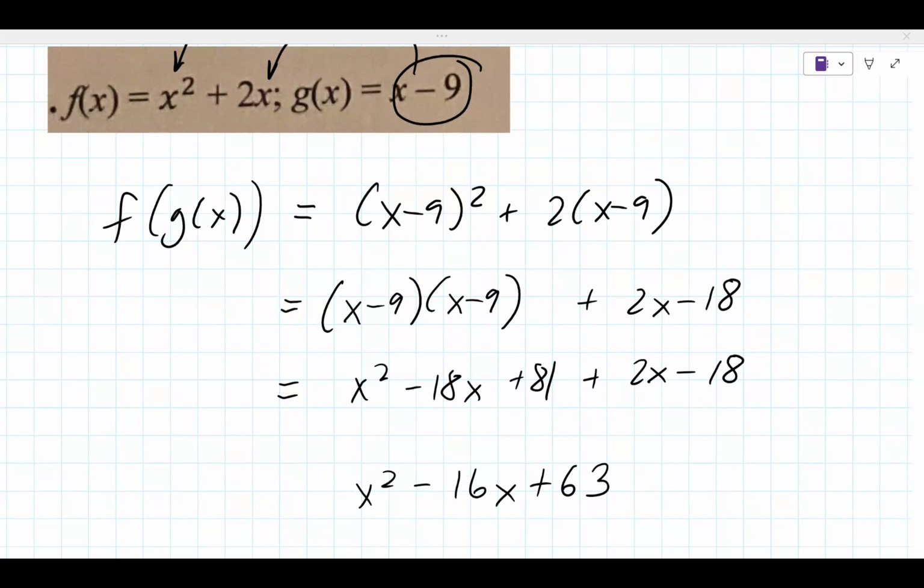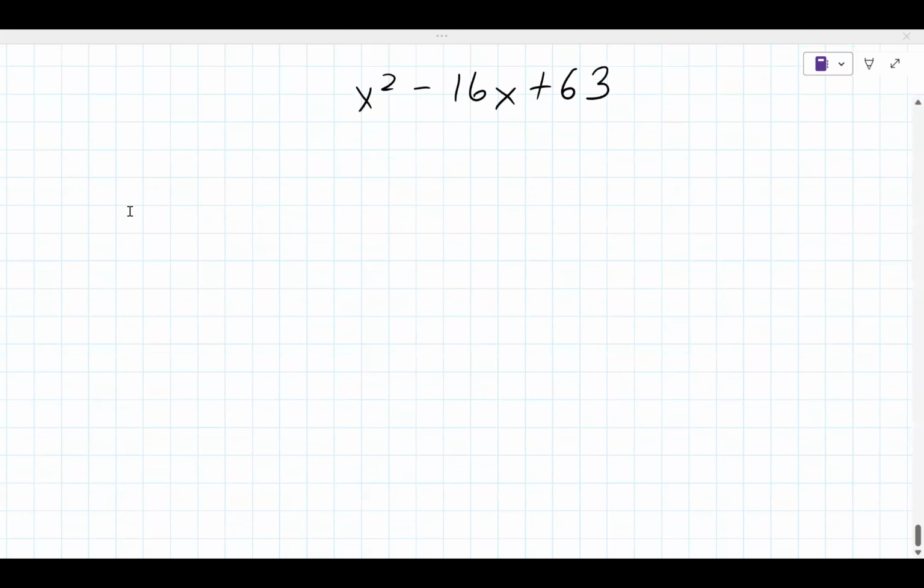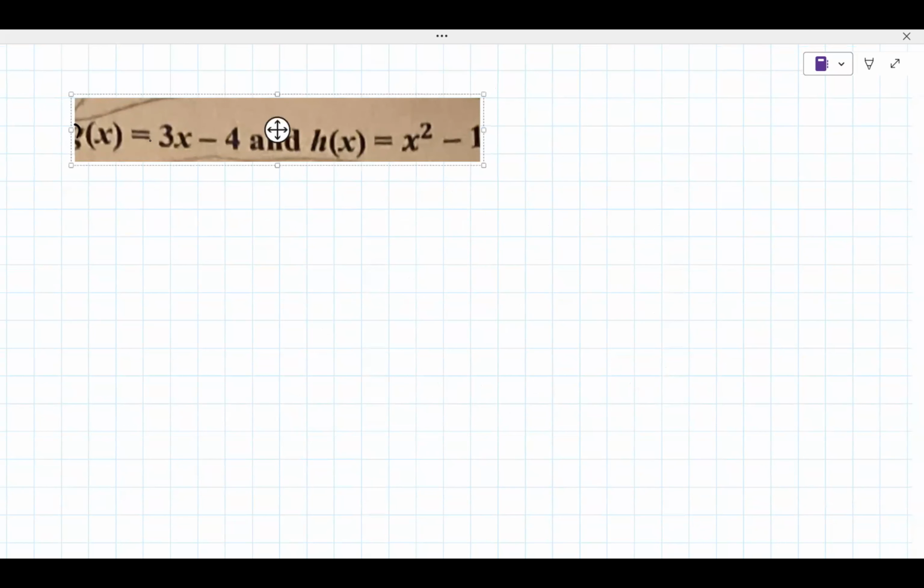Let's see what else you got. Okay, so let's try, give you one to try here. All right, so this is g of x over here. This is a 1 here. Let's go h of g of x. Go ahead and simplify that for me, please.